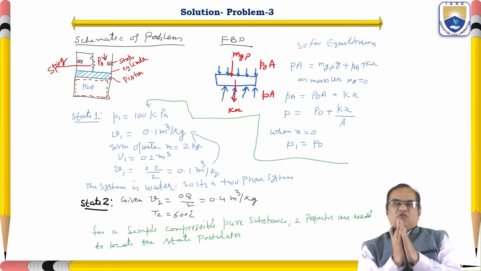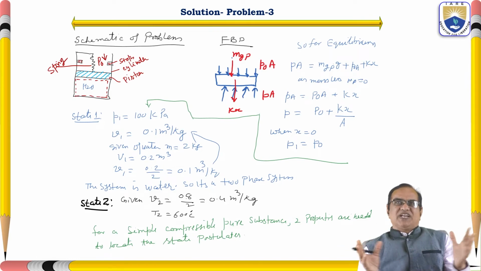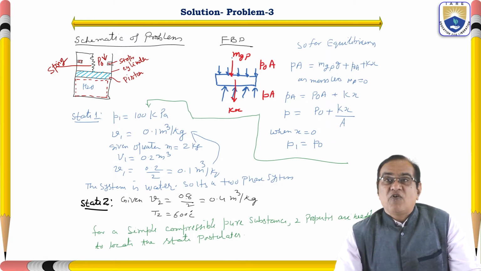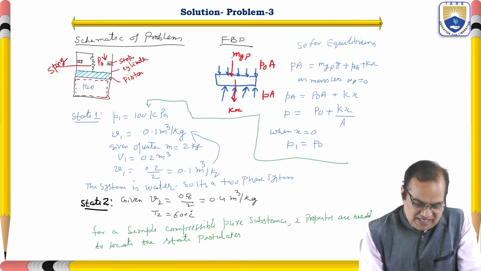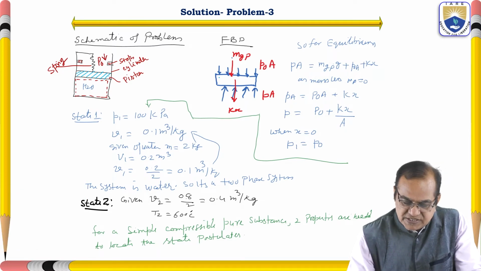That is sure. First we have to decide whether the system is an ideal gas or not. Water and all refrigerants we cannot take as an ideal gas system. Now first we have to see the force balances, how the forces are balanced. So we have to draw the free body diagram. Here, this is our piston.